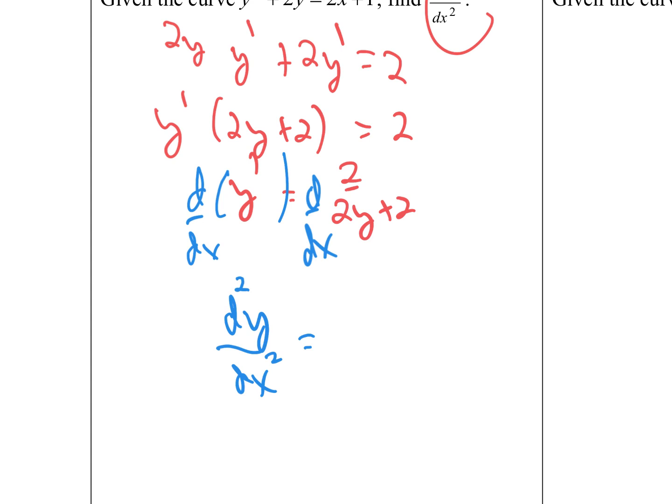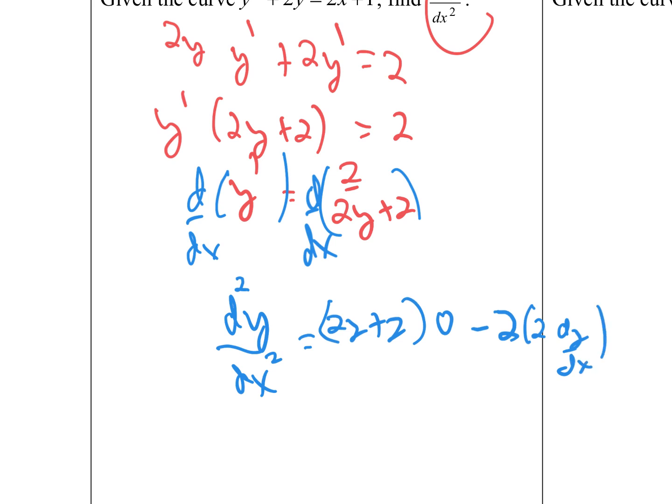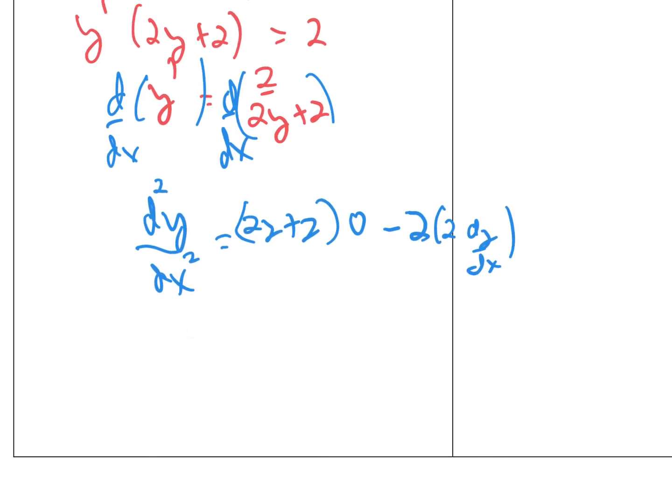You could use the quotient rule for this: (2y plus 2) times the derivative of the top, which is 0, minus 2 times the derivative of the bottom, which is 2 dy/dx.